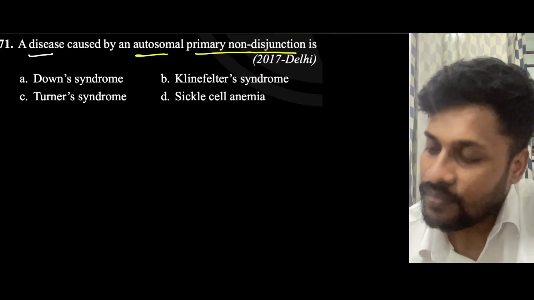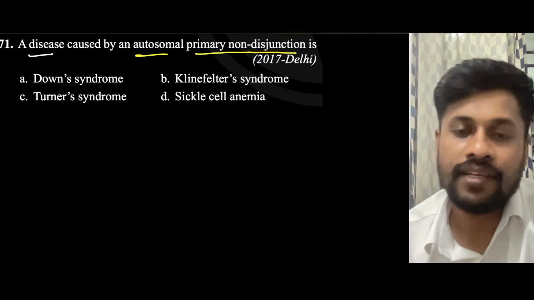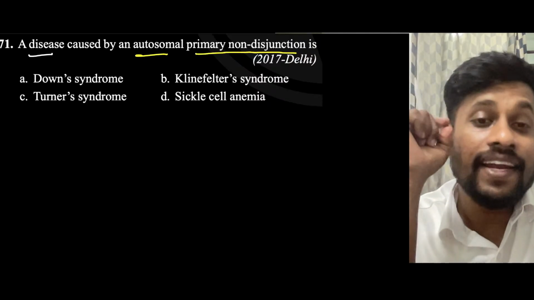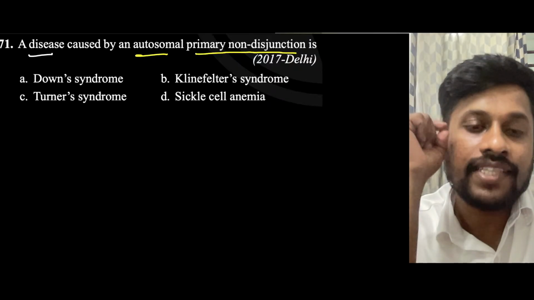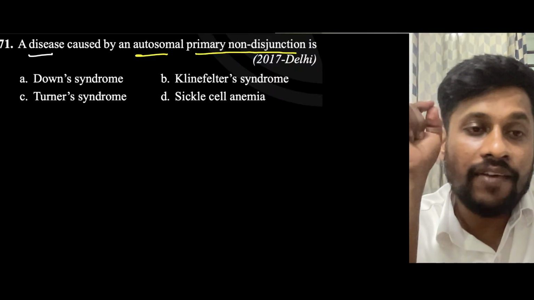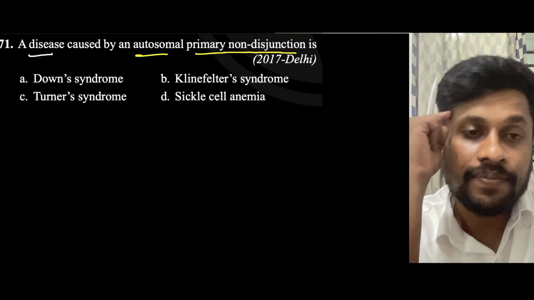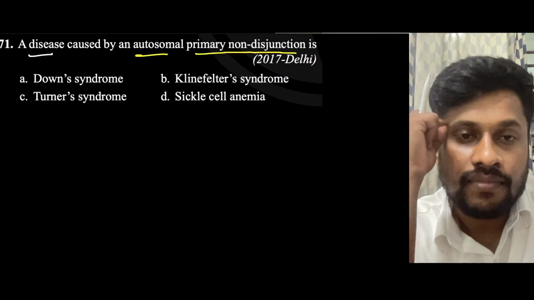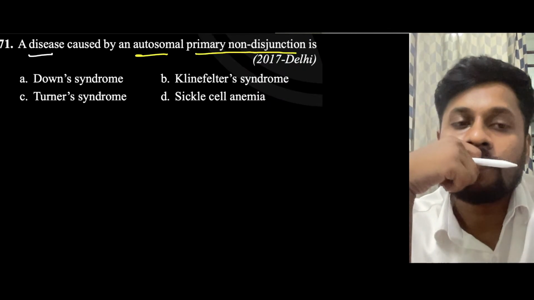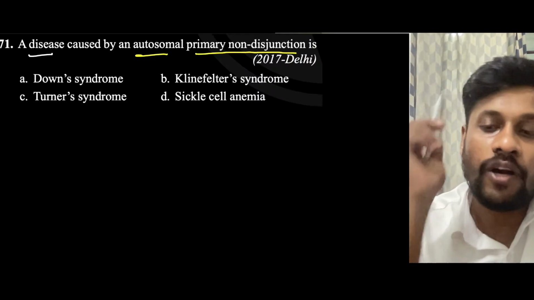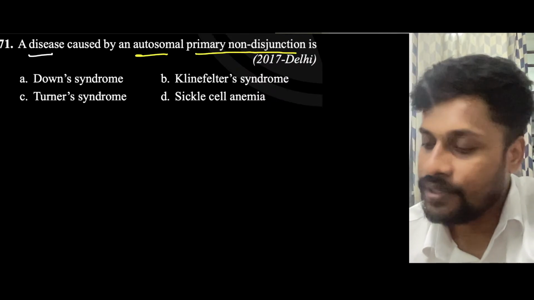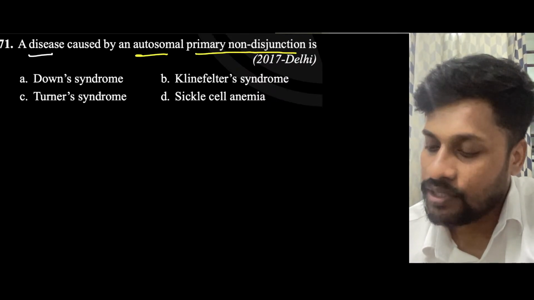Here, see, primary non-disjunction mean there will be a failure in segregation of the chromatids. If there is failure in segregation of chromatids, they will get an extra chromosome, right? Which mean trisomy. So what will be the answer here? Here, answer will be option A.